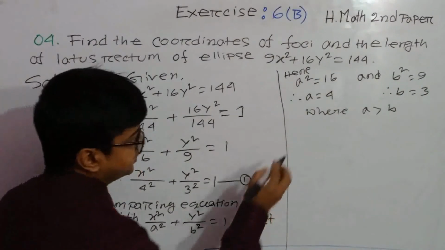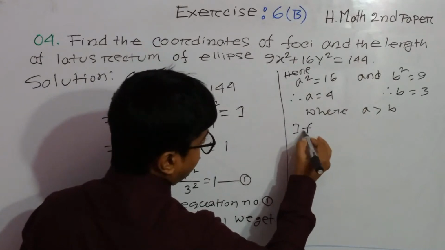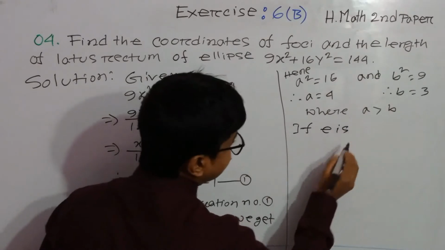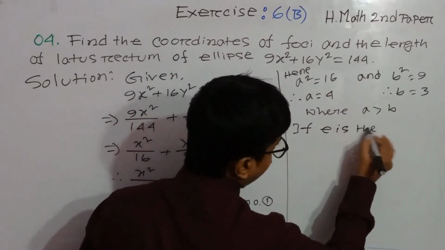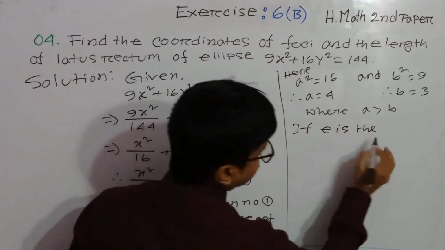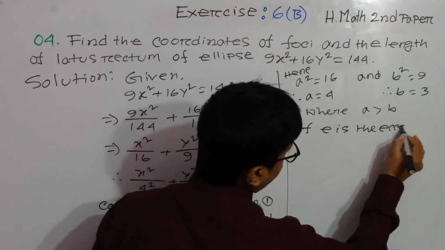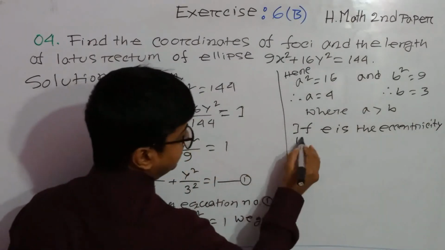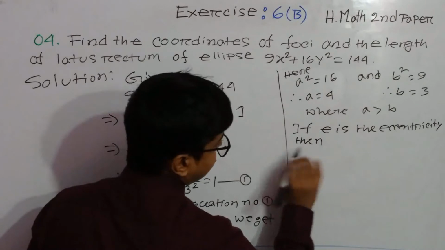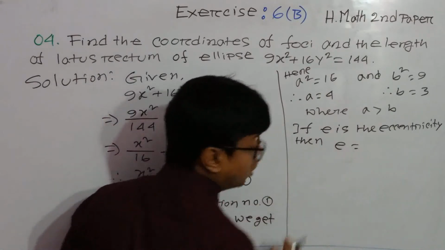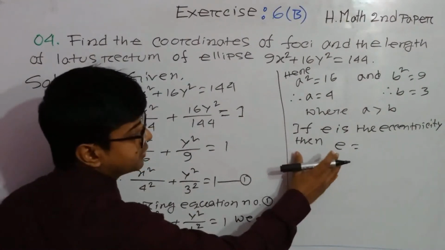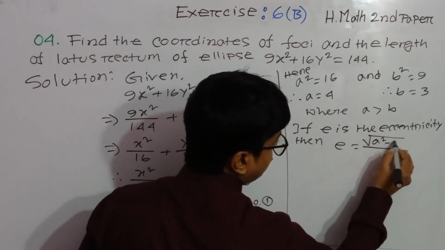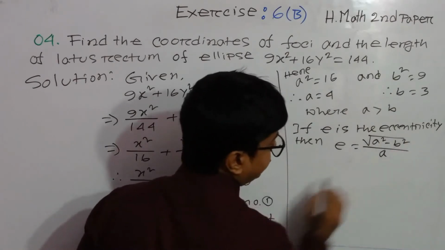Now if e is the eccentricity, then e equals, as we know the formula of eccentricity, square root of a square minus b square, divided by a.